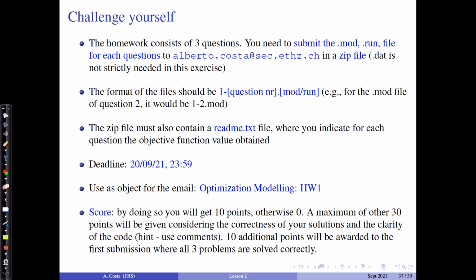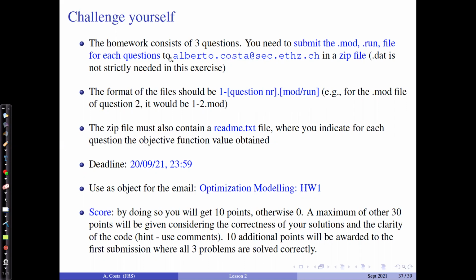Okay, first, how does it work? This homework consists of 3 questions. You need to create a mod and run file; a data file is actually not required for this. Then you create a zip file with all these files and send it to me. This is the format for the file: it's 1 because it's homework 1, then a dash, the question number, and dot mod or run.